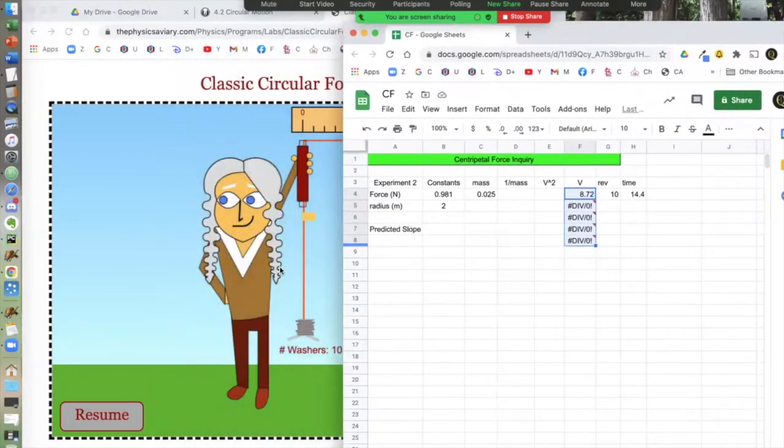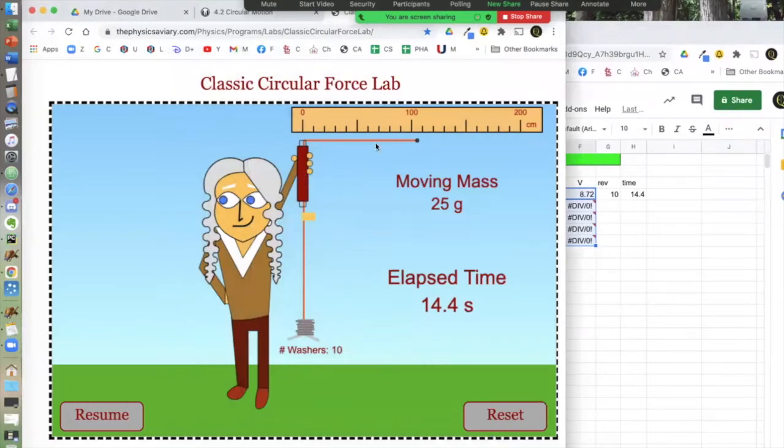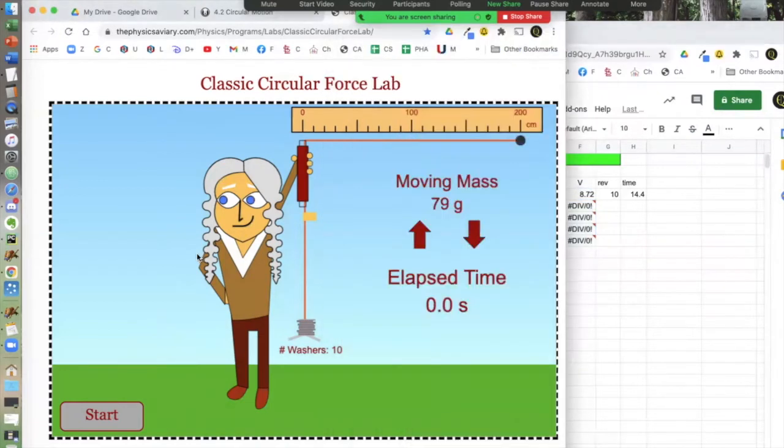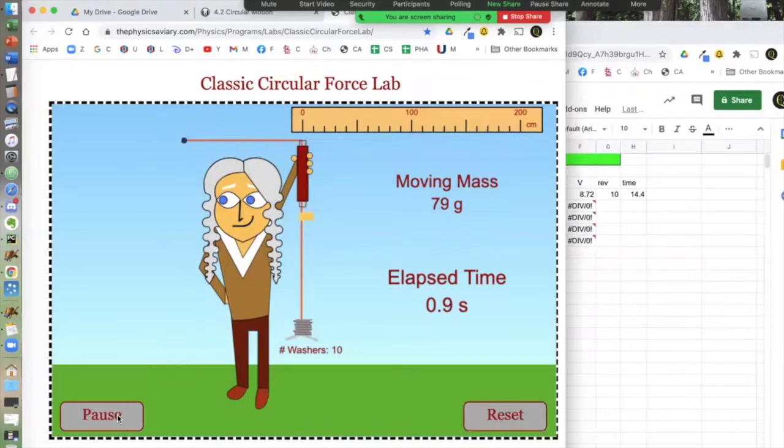Okay, so I'm going to change the mass. Where's the mass? Oh yeah, right. Reset. And then I'm going to put a 0.079 mass in there, and we'll go ahead and start it. 1, 2, 3, 4, 5, 6, 7, 8, 9, and 10.